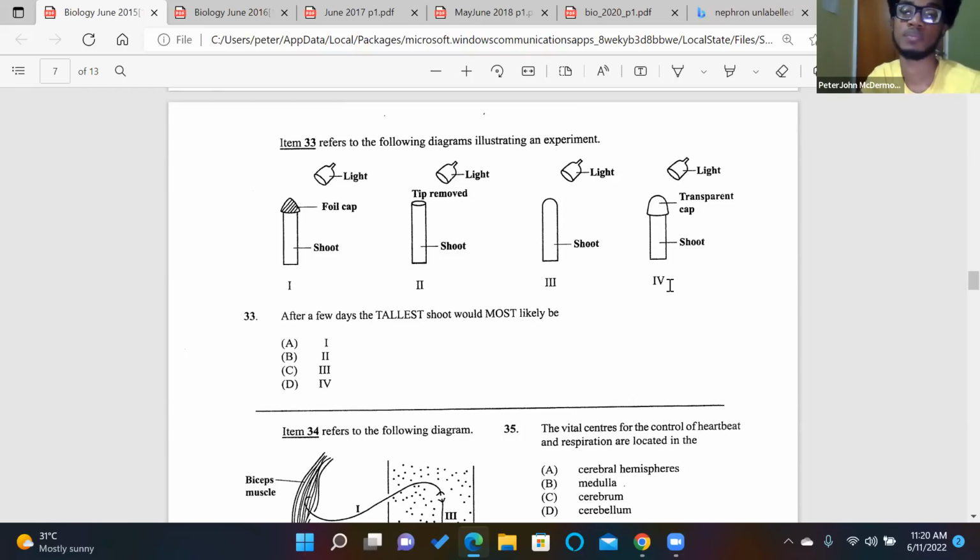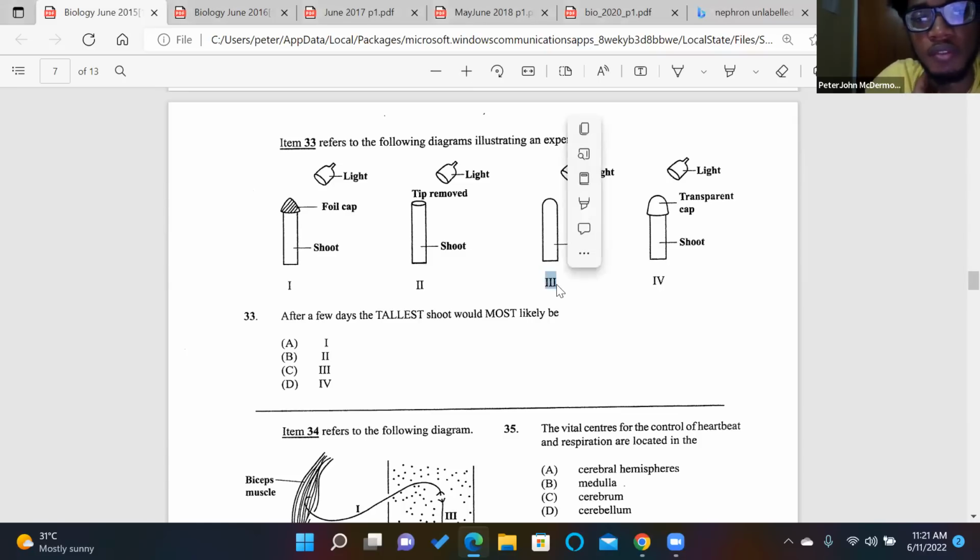We know that you need the light to grow, right? We know that growth occurs at the meristem, which is at the tip of the shoot. What else do we know? When that growth occurs at the meristem, at the tip of the shoot, it also needs light to grow. So that's why I'm asking, guys, what do we think is the difference between 3 and 4?